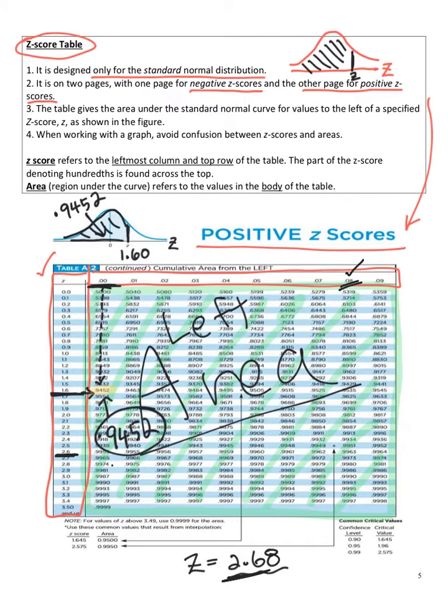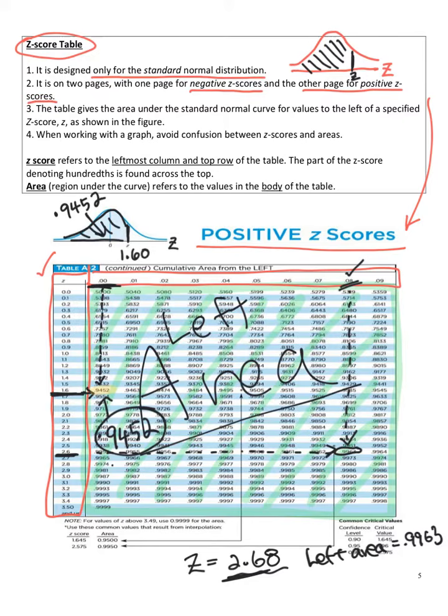Let's see where they meet. This number right here, 0.9963. So the left area is 0.9963.